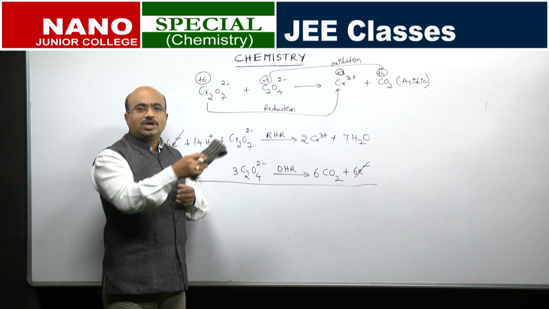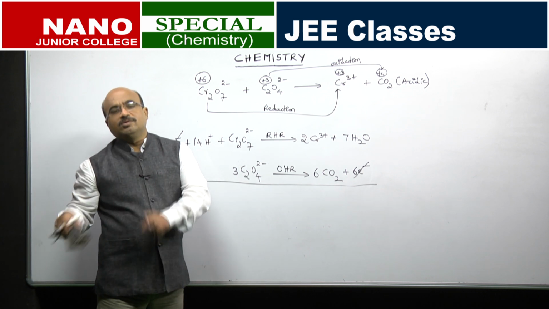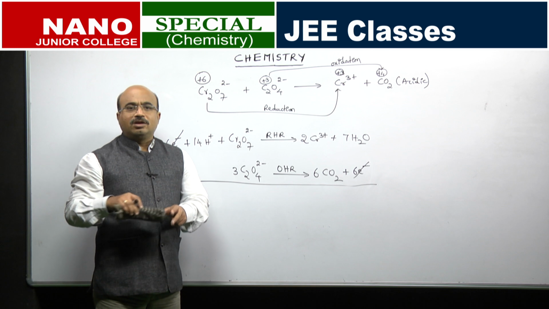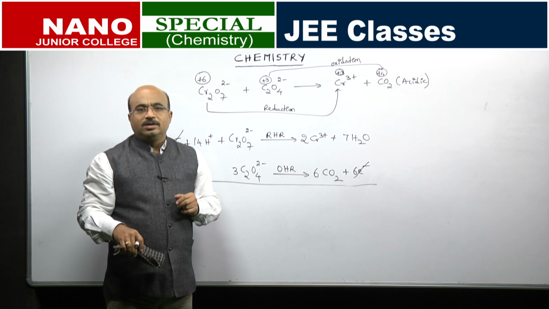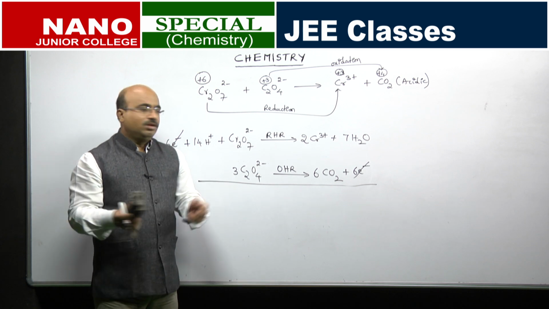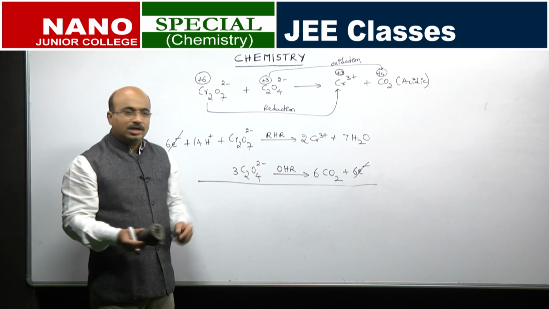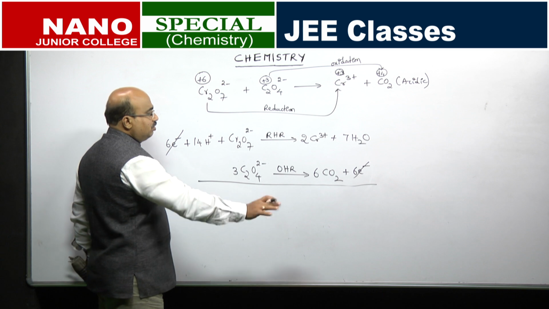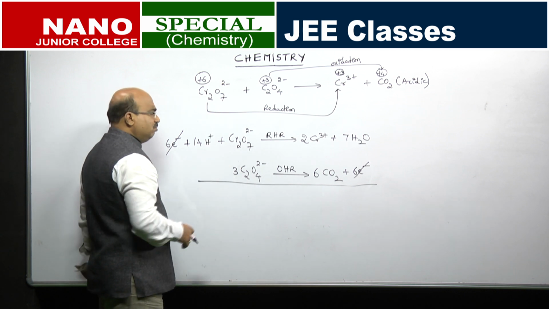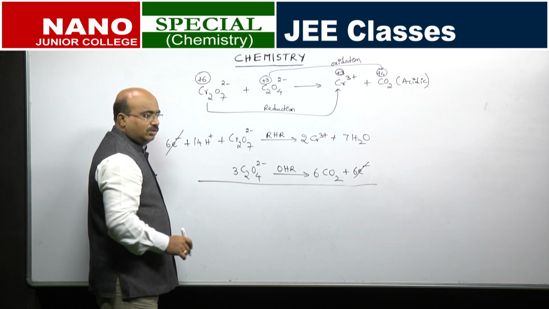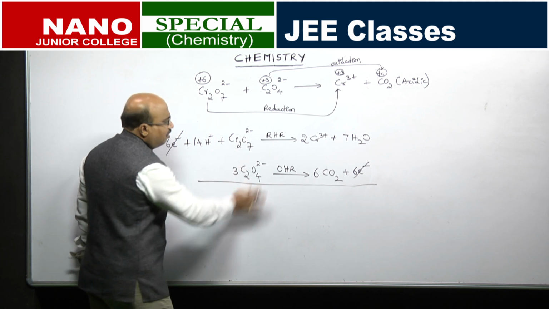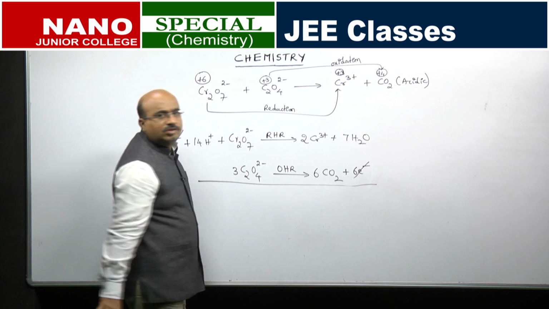The electrons which are gained are lost by someone, or electrons which are lost here are gained by some other one. So, the electrons will be equal. We already did that, just write the coefficients. Any order you can follow, it is not a systematic thing where you have to write this first or that first. Write the left hand side components, write the right hand side components, that is it.